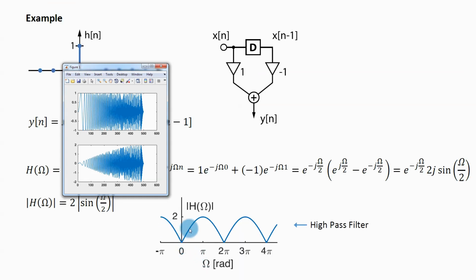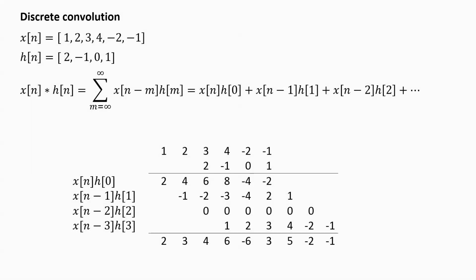Compare it to what we got in this example. So this part of the frequency characteristic shows me that it is a high-pass filter, and you can see that in the chirp signal, the low frequencies are being suppressed, and as I go to higher frequencies, they are being passed much more strongly.